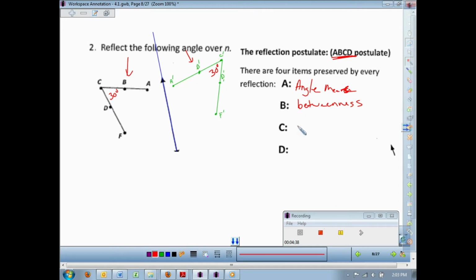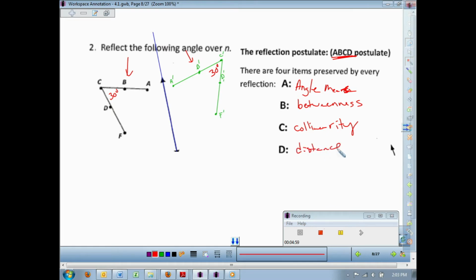C stands for collinearity. It's the word collinear with I-T-Y at the end. A, B, and C were collinear points, so A prime, B prime, C prime are too. If you do a reflection, points won't jump off the line. And D stands for distance is preserved.